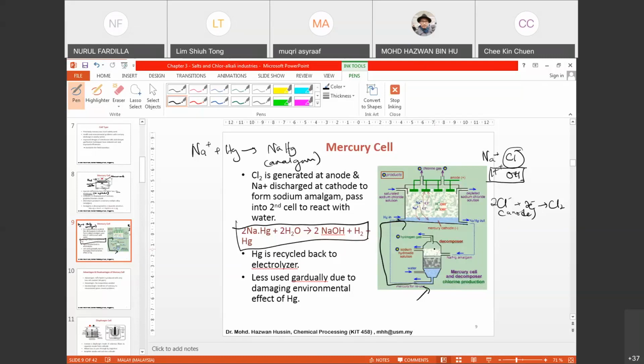That is why you will see that some marine life, cockles, fish, turtles and whatsoever will be exposed or threatened by the presence of heavy metals. So remember, this is one of the disadvantages of mercury cell.